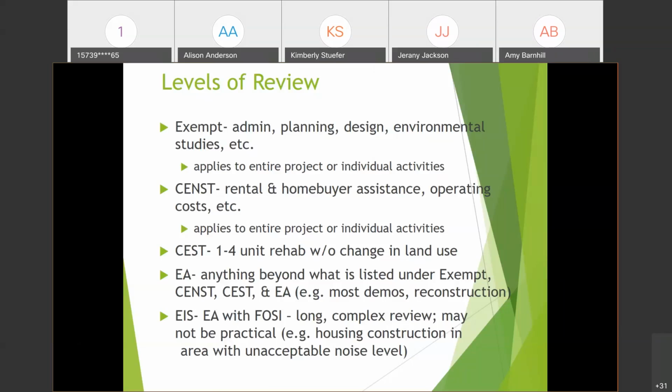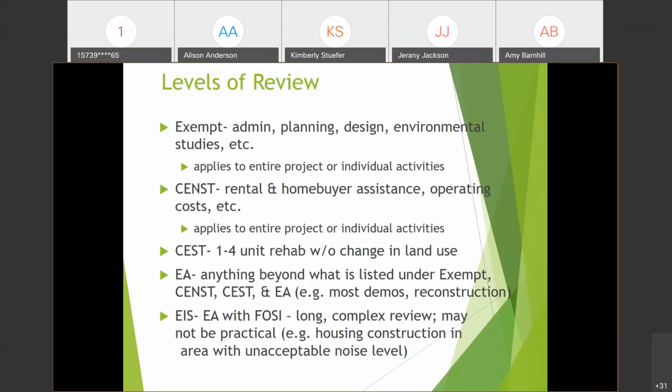The CENST is the next level. It is categorically excluded, not subject to Part 58. And it pertains to activities that do not individually or cumulatively have a significant effect. So this is where you would find things such as rental assistance or home buyer assistance, your down payment assistance.